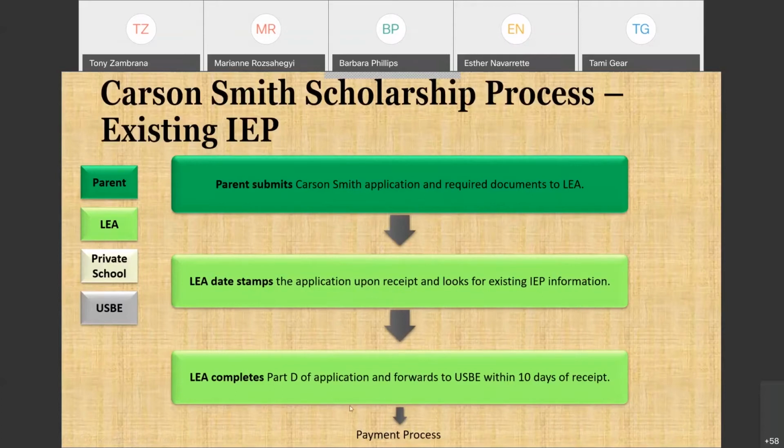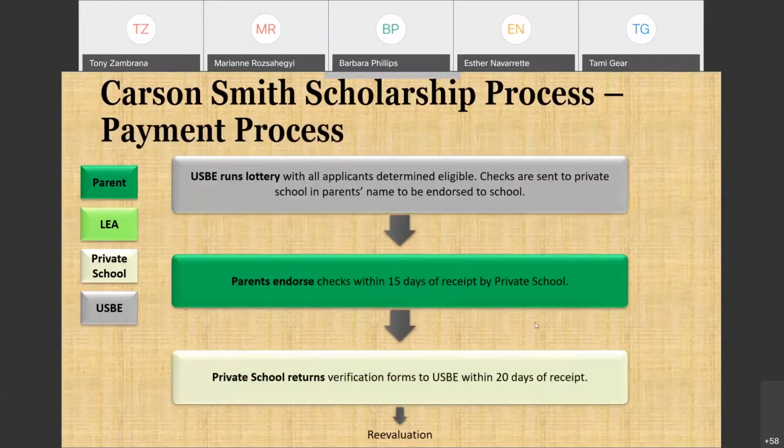In that case, they can do it because the IEP is already there. But in either scenario, you still have to submit the application to the State Board of Education within 10 days of your receipt. That much we want to make clear. Waiting for the assessment to be complete is just not feasible to meet that 10-day requirement.